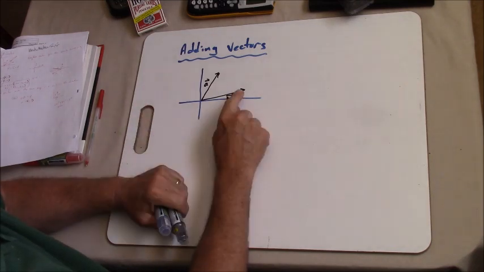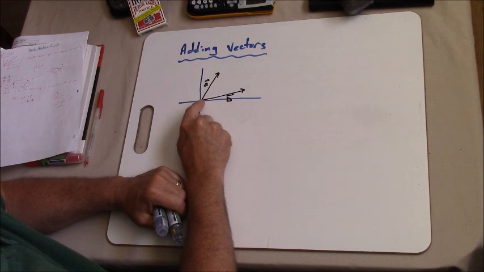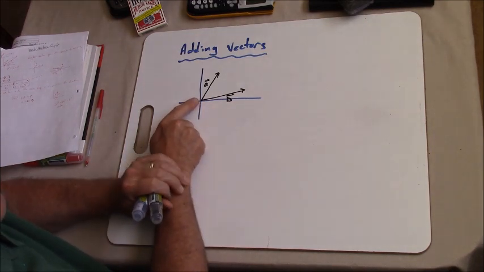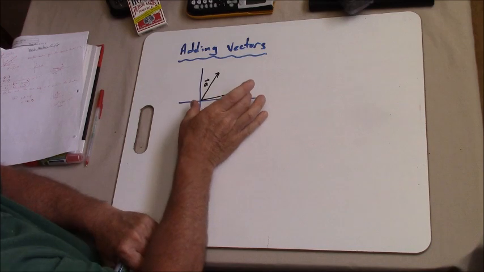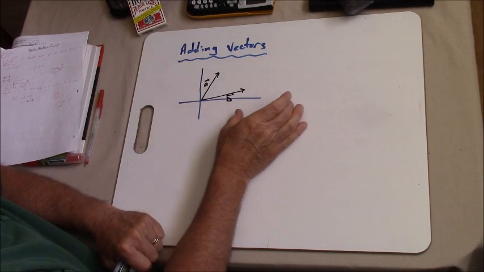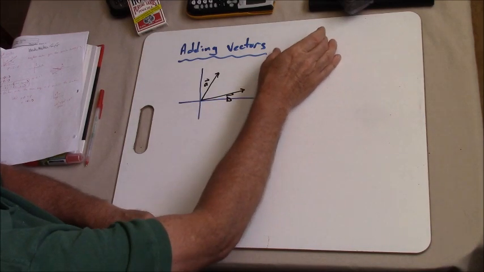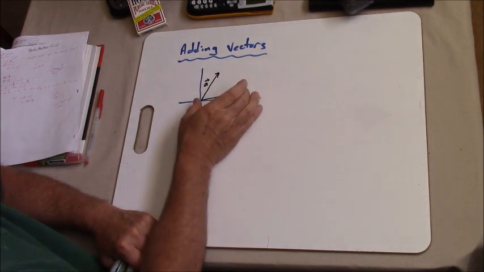So if you think of this as an arrow shooting through the air, this would be the head, this is the tail back here. Okay? So right now these two vectors are tail to tail. They have to be head to tail to be able to add those together. And remember, I can take vector B and I can move that anywhere I want as long as I don't change the length and the direction. It's considered an equivalent vector.